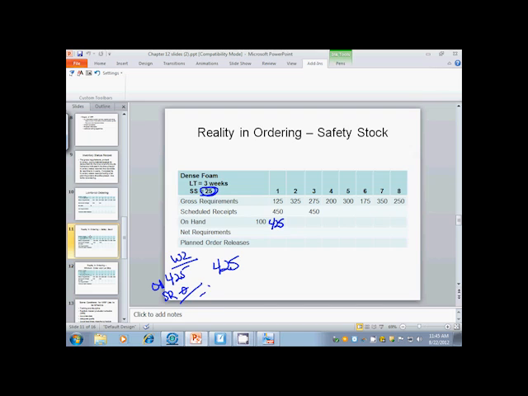On week 2, our gross requirements, what we plan on using, is 325 units. This gives us left over 100 units. Again, check, is 100 greater than 25? The math that I use, it is. So we're good to go for week 2 in our planning with 100 units left at the end of week 2.